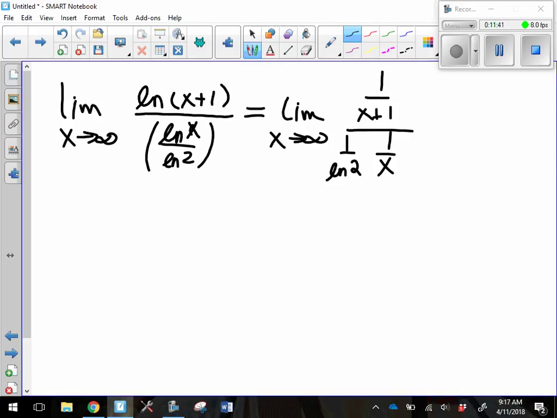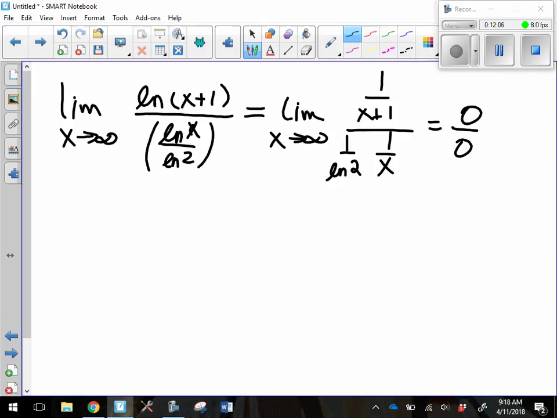So I could substitute back in for my limit again. And what am I going to get? No, actually, it's not. Because what's 1 over infinity? 0. So actually, it's 0 over 0.